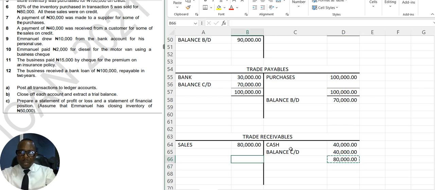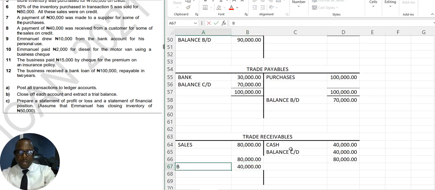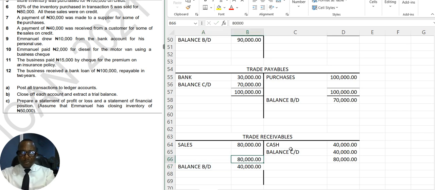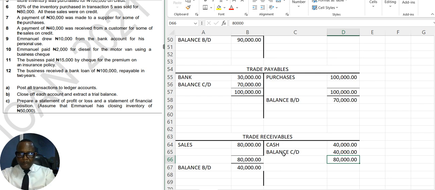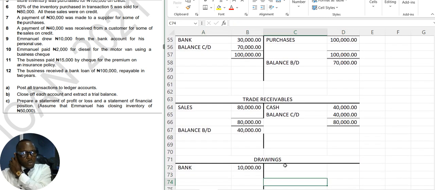Same thing should come here, while you have 40 here. That's your balance BD. Alright, so let's underline this and underline this, double underline to show balance. Then that solves that on trade receivables.